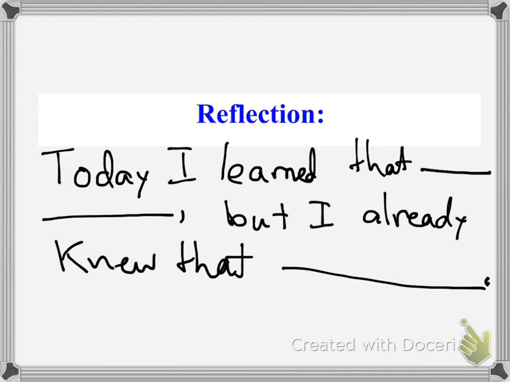So in other words, something that you need to improve on for tomorrow, something that you learned, but you already knew something else, which means you got it right, so something that you did well on. So the first thing is something that you need to improve on. The second thing, what you already knew, is something that you did well on.